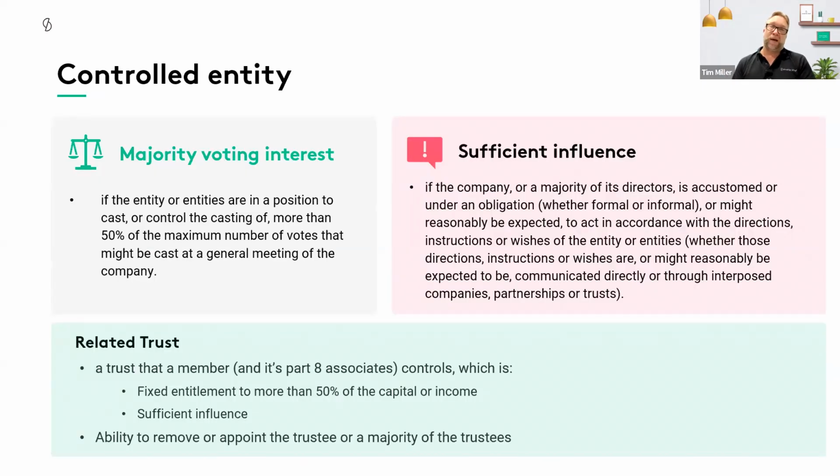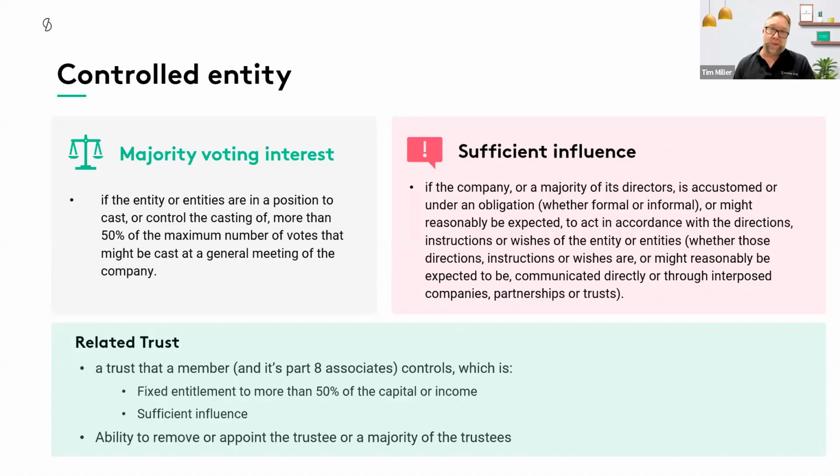And then when we talk about our controlled entities, so we've got our companies and our trusts, we operate under, firstly, a fairly simplistic approach, which is, what is a controlled company? And the first one is majority voting interest, right? So if the entity or entities are in a position to cast or control the casting of more than 50% of the maximum number of votes that might be cast at a general meeting of the company.